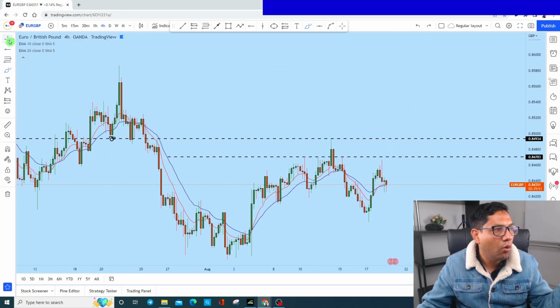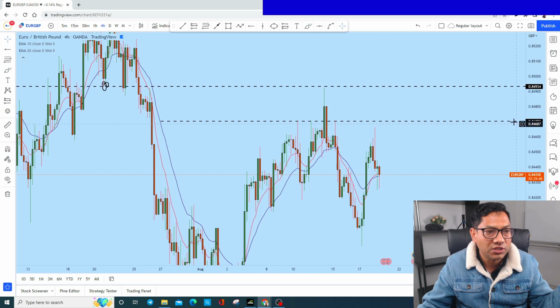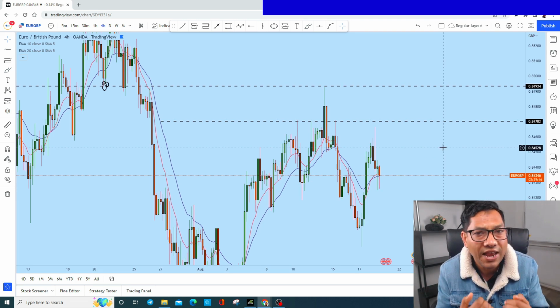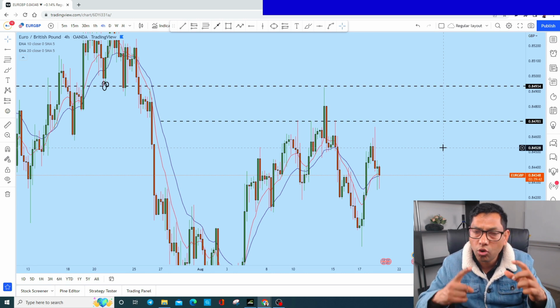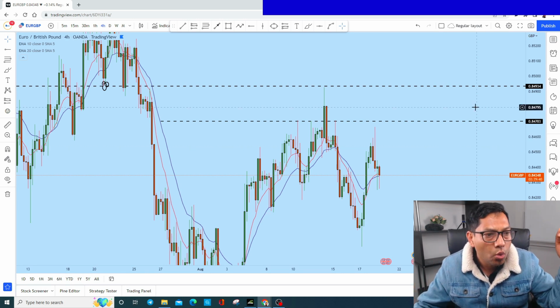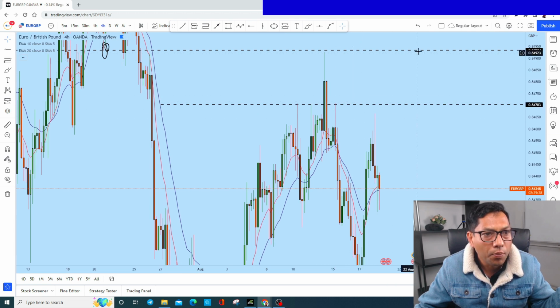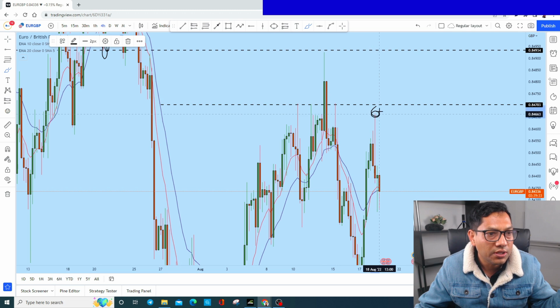Now this is how you need to find the institutional order block. Where is the level that everyone is selling? A long wick candle is being created, not one candle, not two candles, but a couple of candles. And the last thing you have seen in this current chart: the price went there and created a lower high.